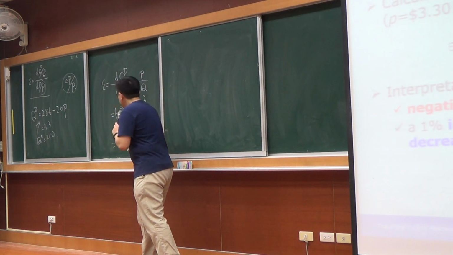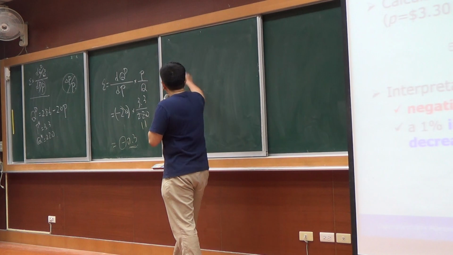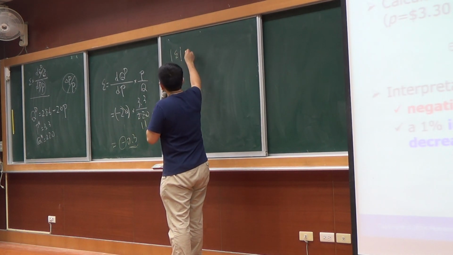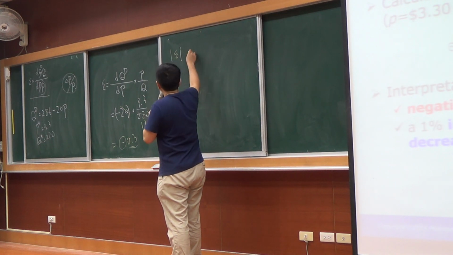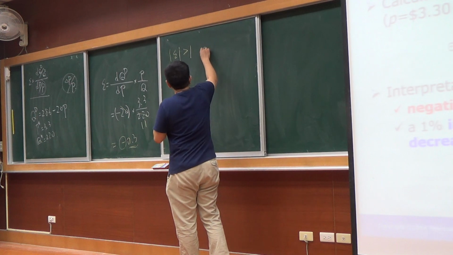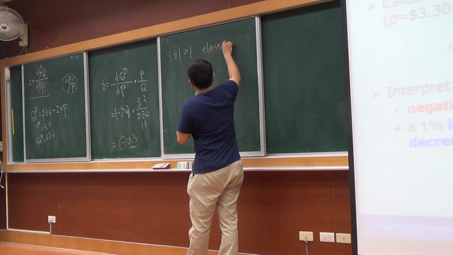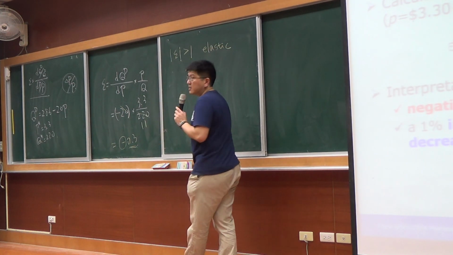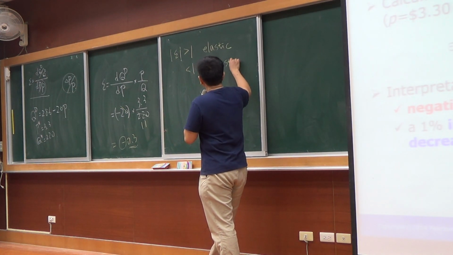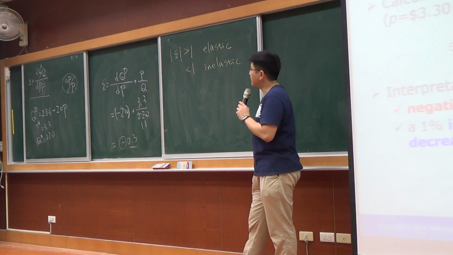And the number here, 0.3, we use to define: when epsilon, the elasticity, is greater than 1, we call it elastic. And if it is less than 1, we call it inelastic or less elastic.